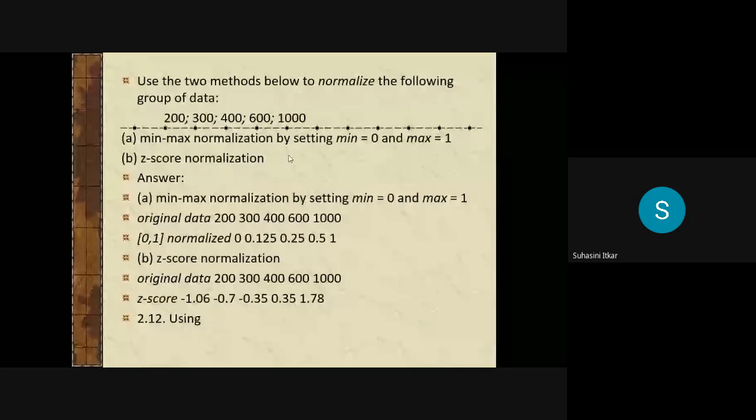Just confirm how much is the value for the standard deviation. Summation of x minus mean raised to 2 upon n, and then square root.